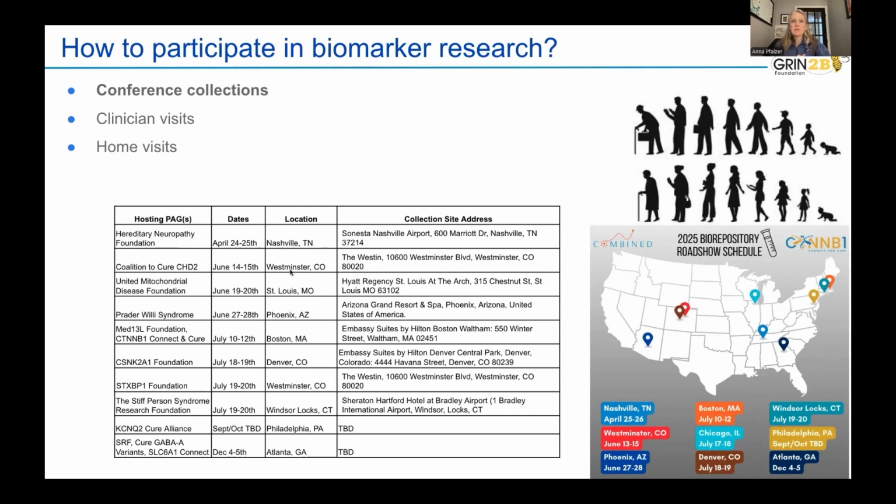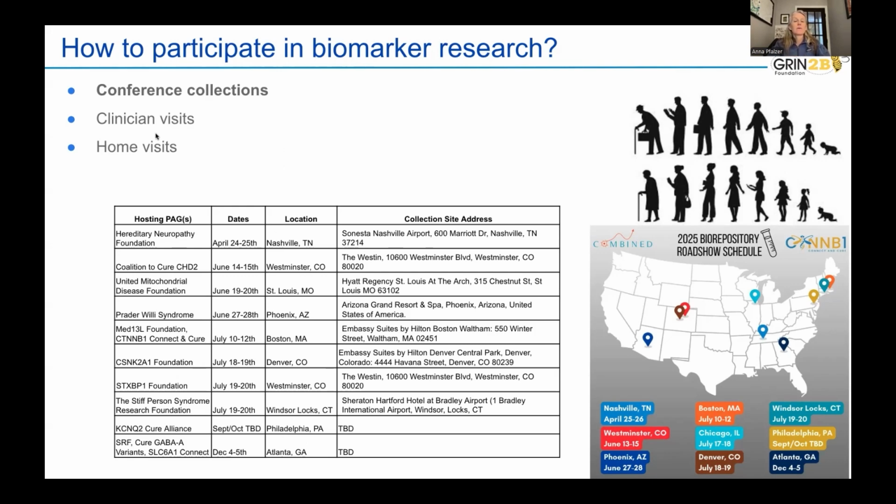So if a GRIN2B patient or family lives close to Westminster, Colorado, and they wanted to donate and participate in biomarker research, they could go. They don't have to be affiliated, be diagnosed with CHD2 related disorder. So any GRIN2B participant family who's interested in donating and participating in biomarker research, and you live in any of these cities or close by or could somehow get to them, certainly we welcome your participation. And I will show you specifically how to do that on one of the last slides.